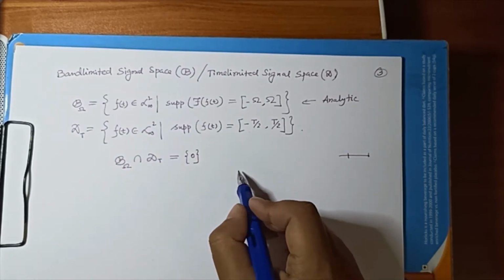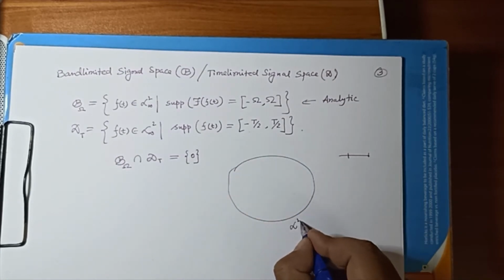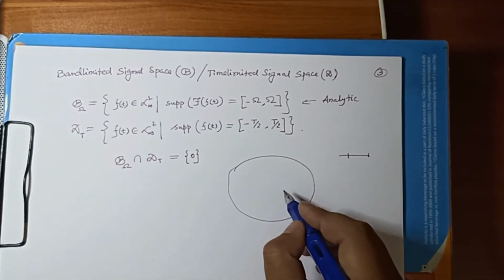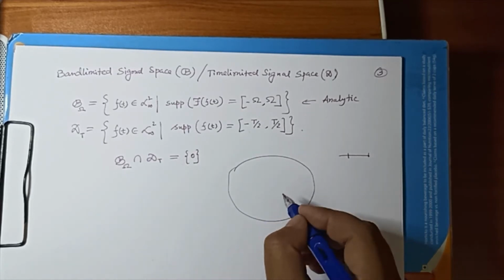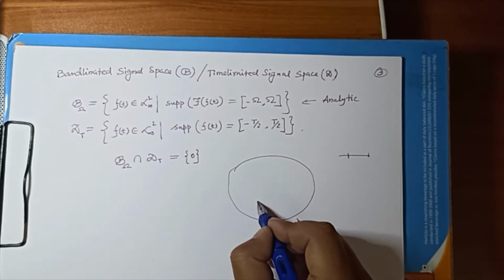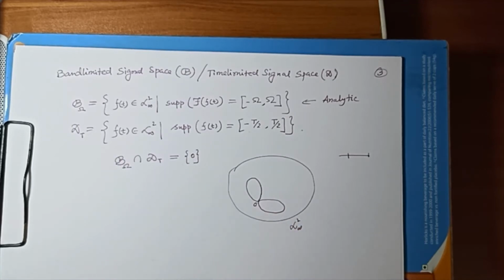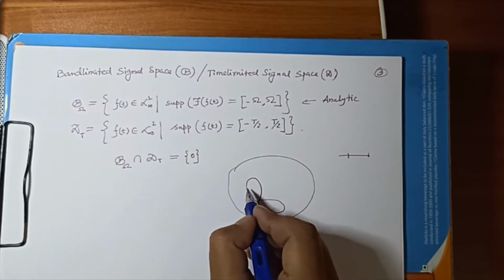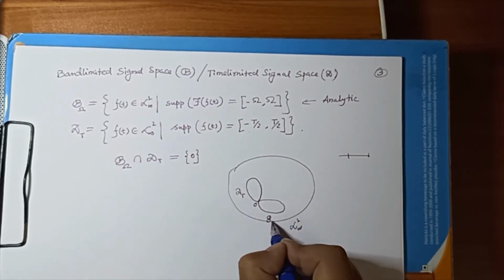So graphically we can show that, suppose this is the L2 space, L2 of infinity, and infinity means basically the entire real line. Then these two spaces are two trivially overlapping spaces. They overlap at this 0 signal, and this is, say, the D_T space, and this is, say, the B sigma space.